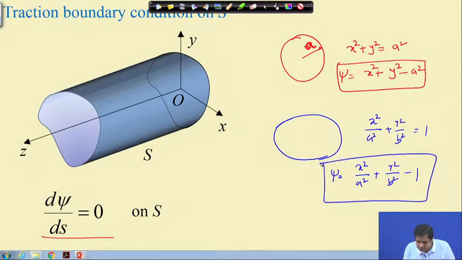In the next class we will solve these two problems: a shaft with circular cross section and a shaft with elliptical cross section. There we will see the advantage of taking psi like this as the outer surface of the cross sectional profile of the section. So this is the condition to be satisfied on the surface.